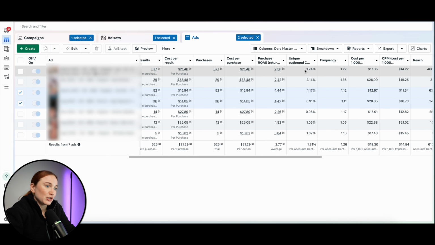Now, let's try and understand the story of potentially why this is working, right? We see the outbound click-through rate, which honestly is pretty average for the account. So there's not something super spectacular with the specific click-through rate. Sometimes I will see, oh, a specific ad creative is working really well because it has a high click-through rate.